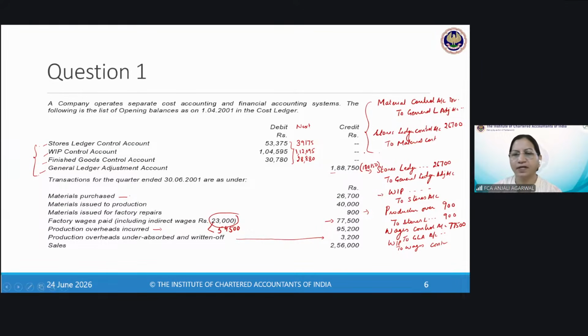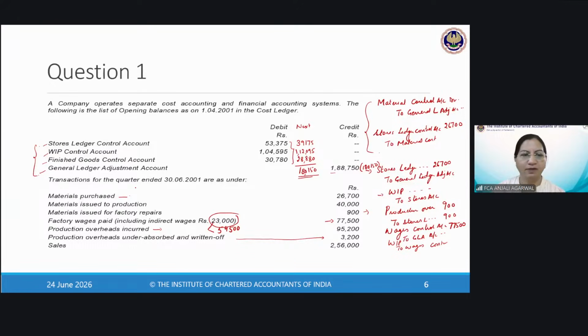Okay. Just check whether the ledgers are matching or not. So this total is also 180,150. That means whatever you've done is perfectly okay.